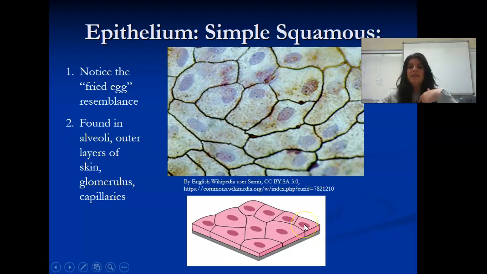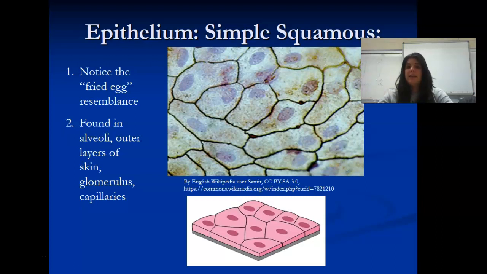Interesting, the location of this type of tissue, because simple means that there's just one layer, and these cells, because they're so flattened, make it really easy for diffusion to occur. So for oxygen or carbon dioxide or nutrients to cross over into the cell.